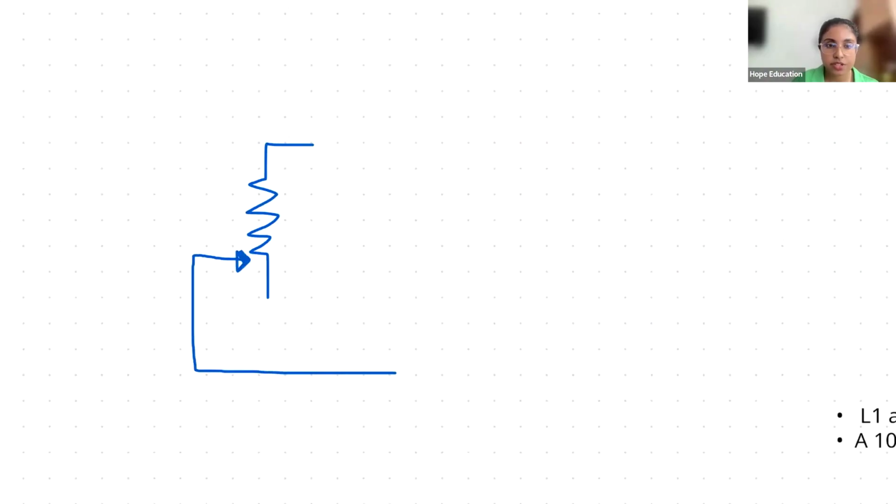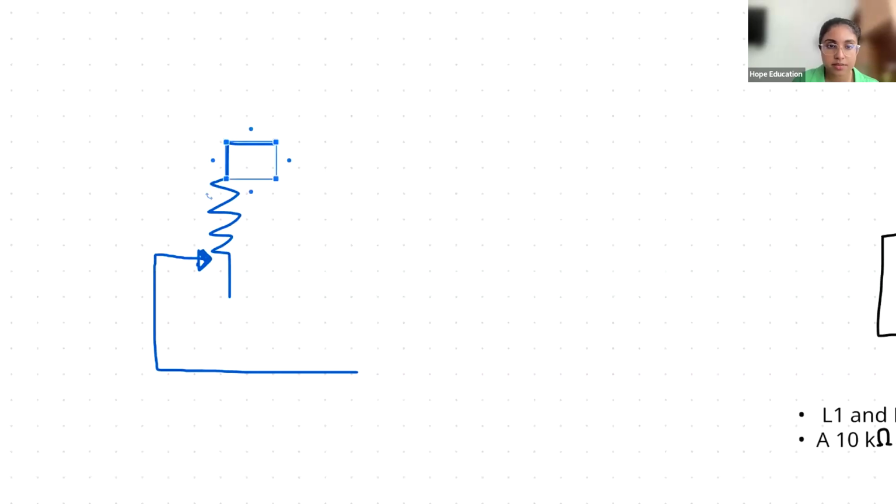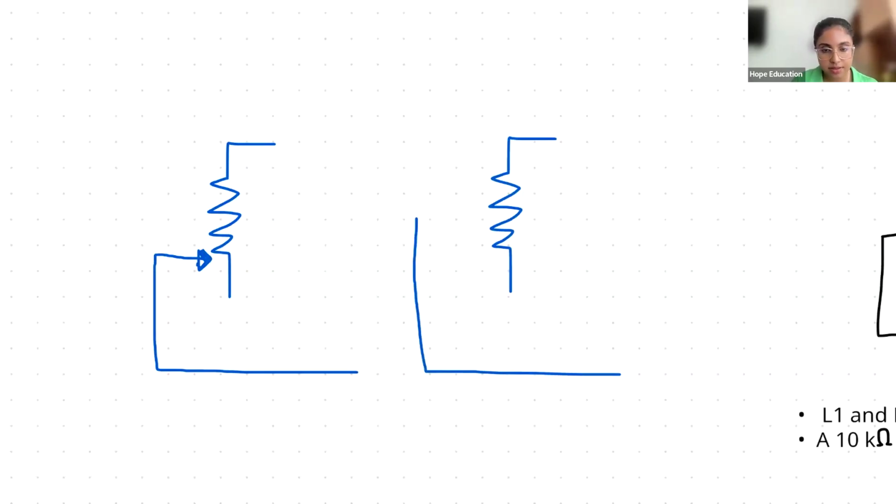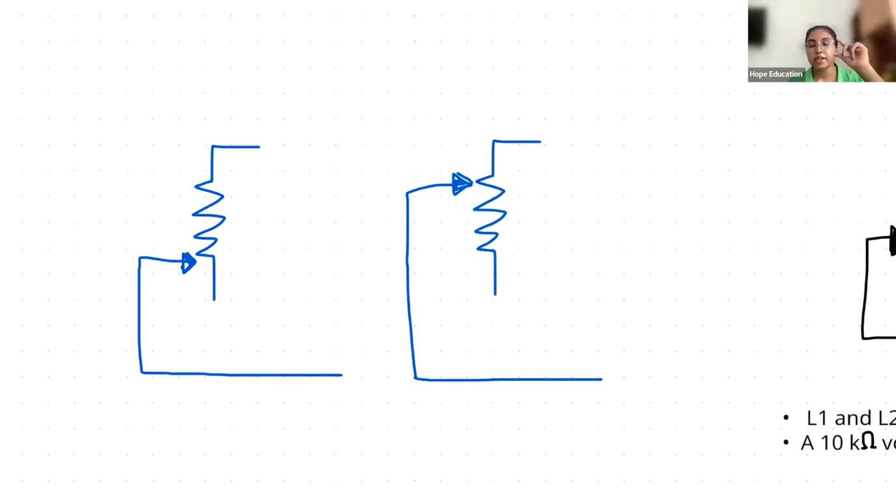In another situation, I can also do something like this. I can take it all the way up and adjust like this. Like this arrowhead I can move back and forth in the resistor to adjust, right?